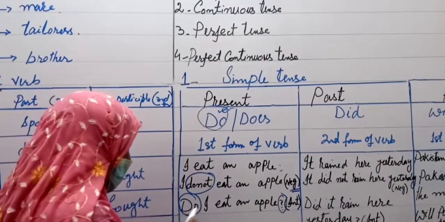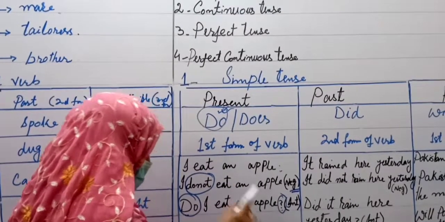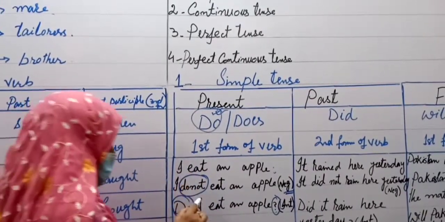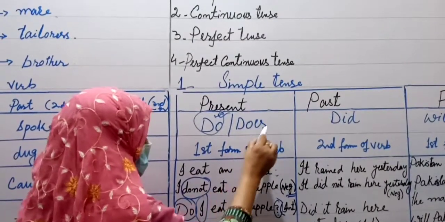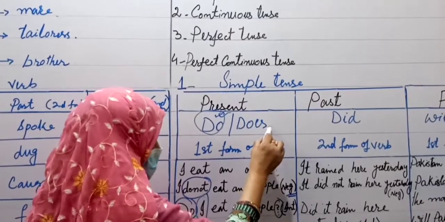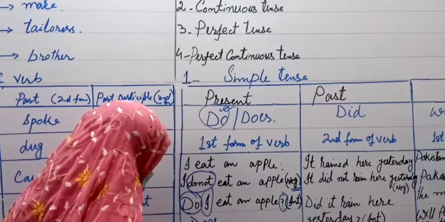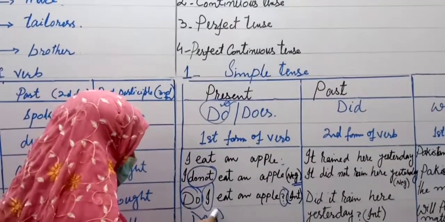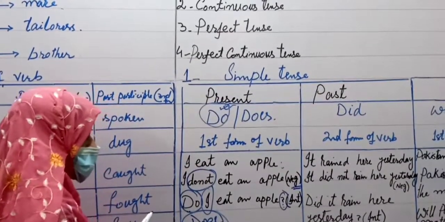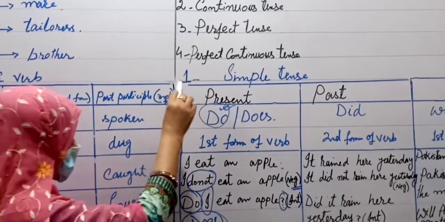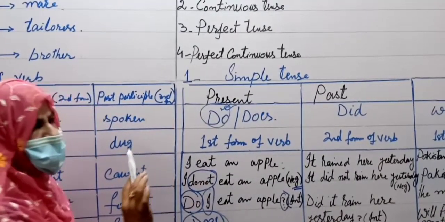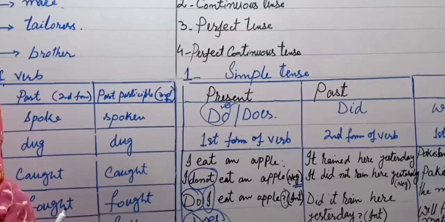Okay? Do I eat an apple? If the subject is third person or any noun, we will put does here. I hope, students, you have understood this present simple tense.